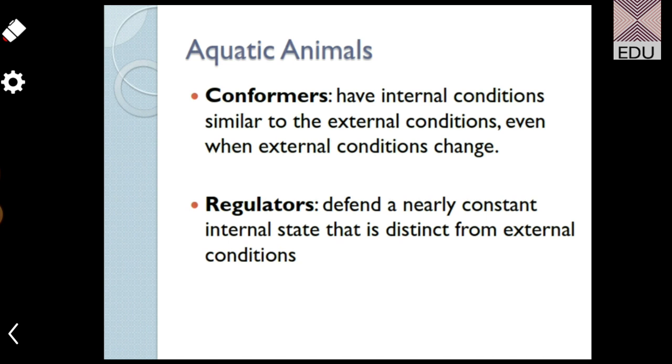That can be some excretory organ, some reduced permeability, or some active uptake or active outtake of the salts. As we discussed at the start of the lecture, there are three mechanisms of regulation. So on the mechanism basis, animals can be conformers or regulators.